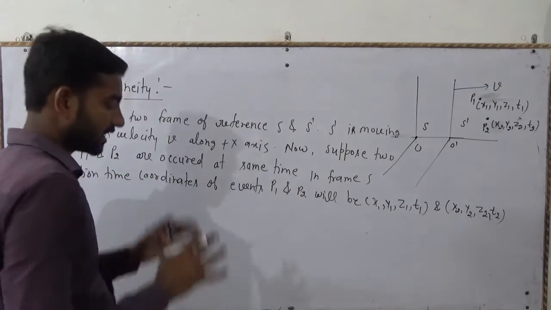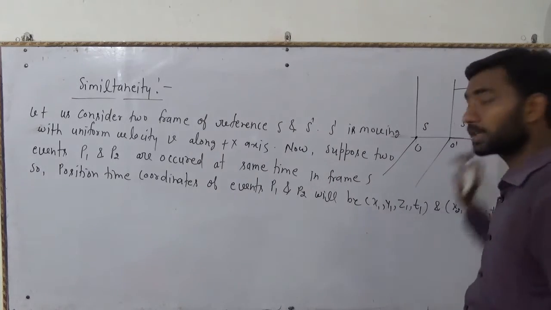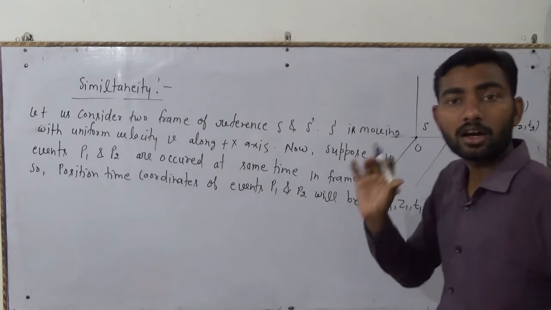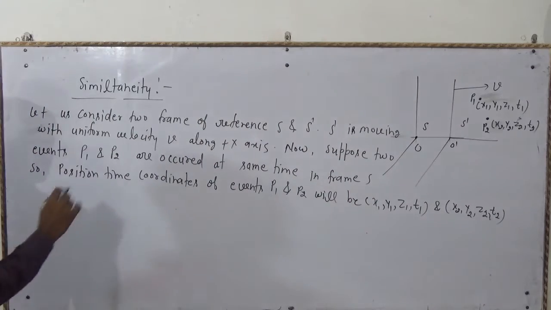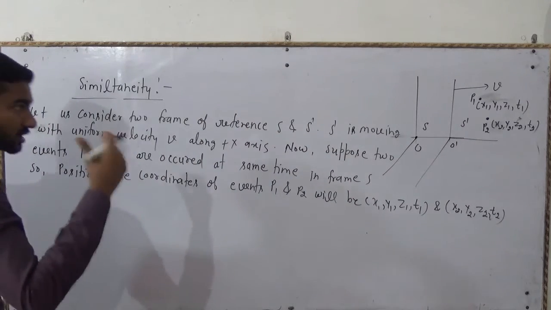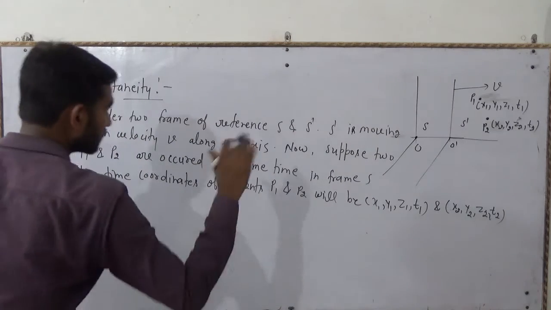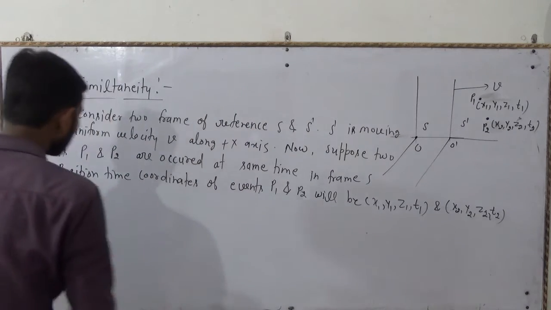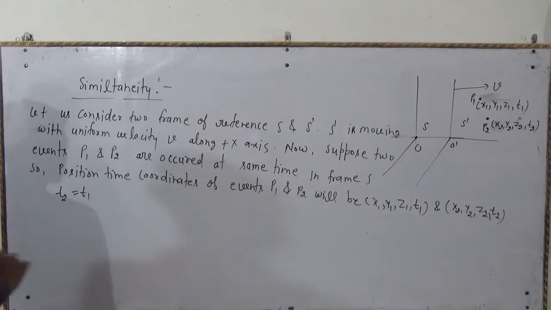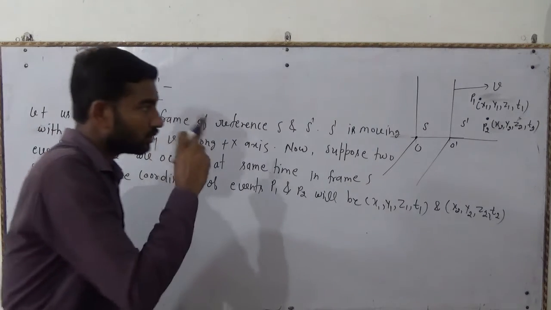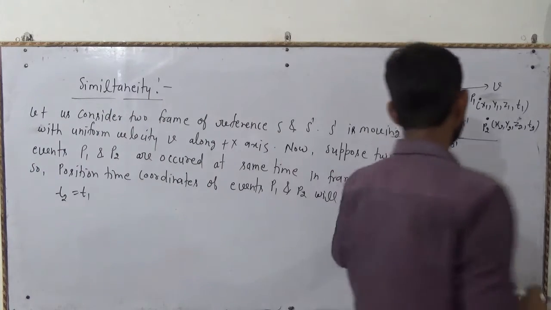Now friends, we can realize very easily that if the two events in frame S occur at the same time, then we can write t2 is equal to t1, corresponding to the origin O in frame S. We can realize this very well from the figure.